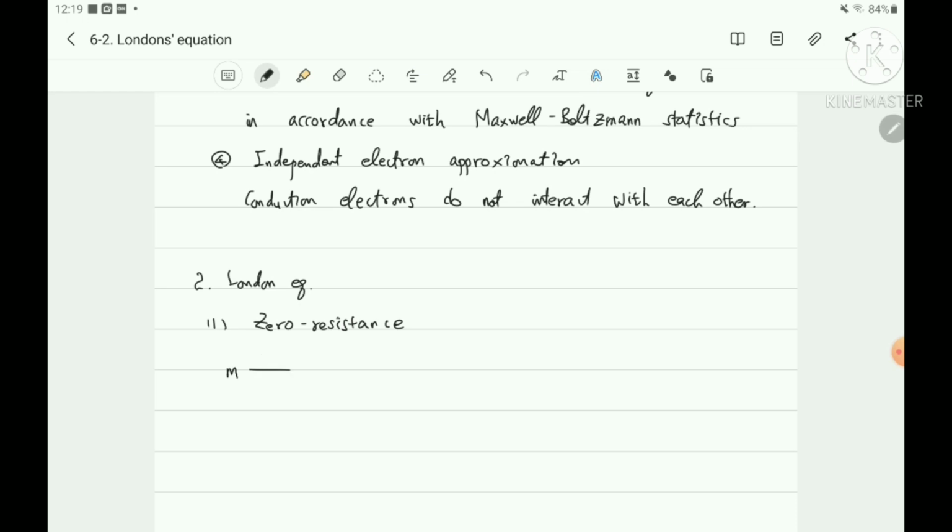Therefore, m dv/dt equals eE, where e is the elementary charge, and the superelectron current density is the density of superelectrons times e times v, where v is the superelectron's velocity.